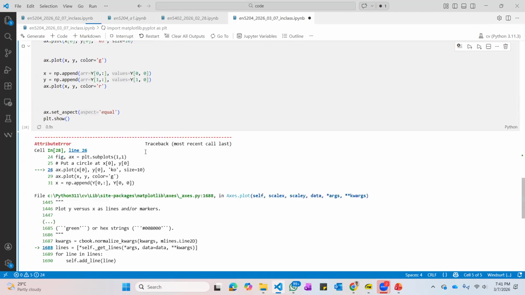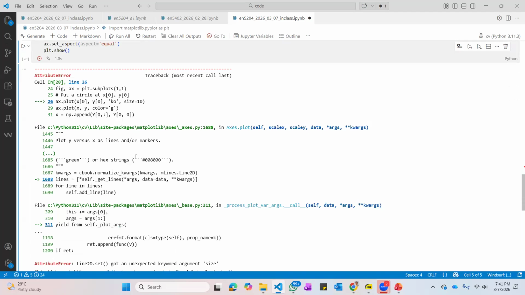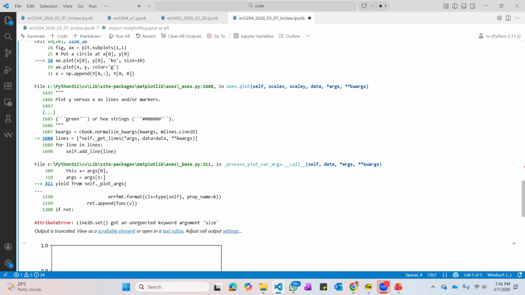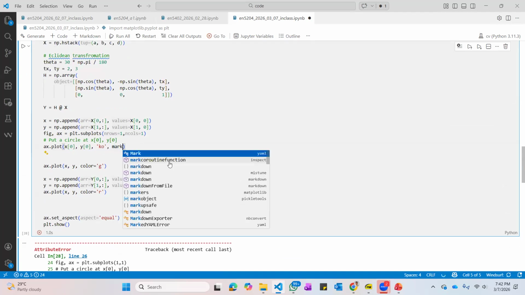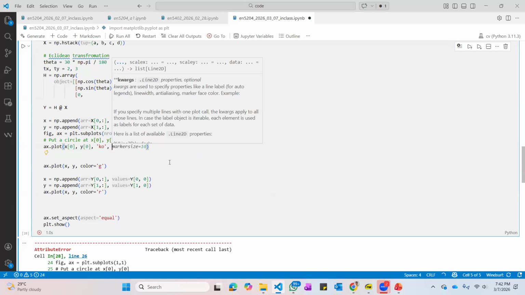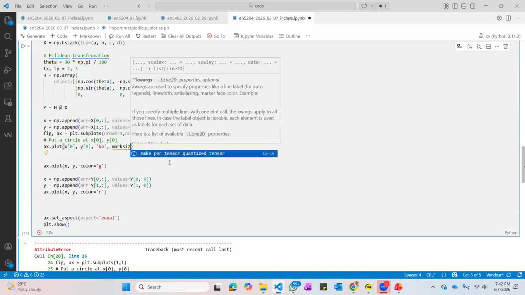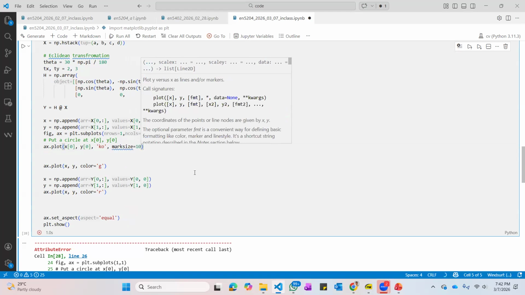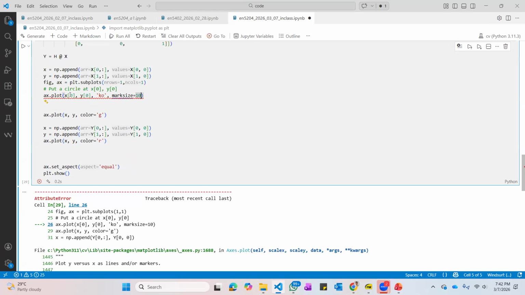Let's see whether it works first. Doesn't work. It is wrong. See whether that works. I think maybe marker size, marker underscore.